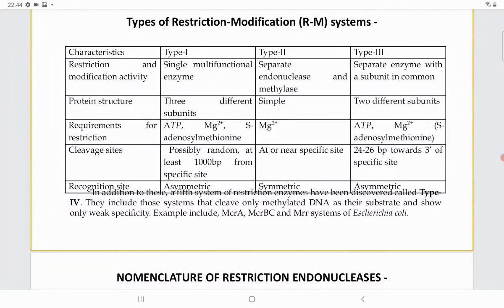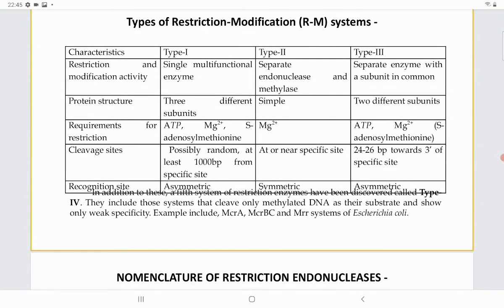Type 4 or type 2s is a type of restriction endonuclease that can cleave methylated DNA. That is another interesting thing, and so it can probably be used for understanding the epigenetic part of this molecular system.